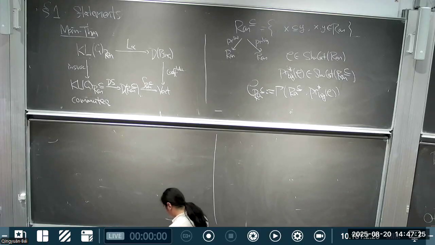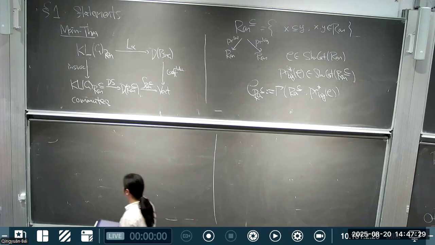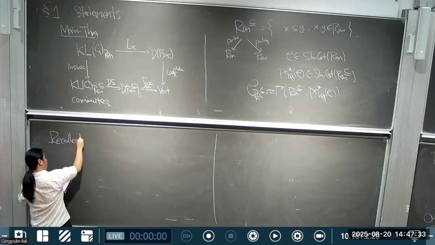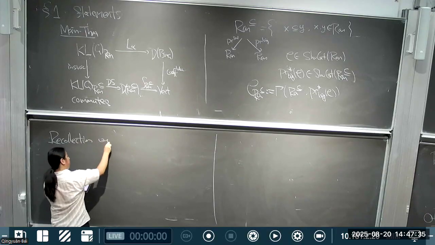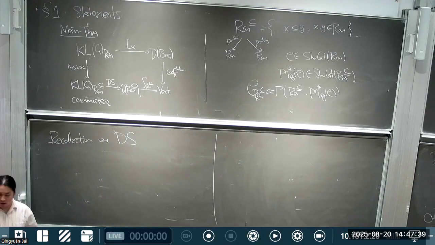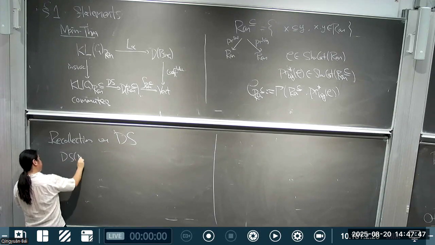Okay, let me remind you what this DS is, the Drinfeld-Sokolov reduction. It was introduced in Raskin's talk. So I will first remind you what's in his lecture.